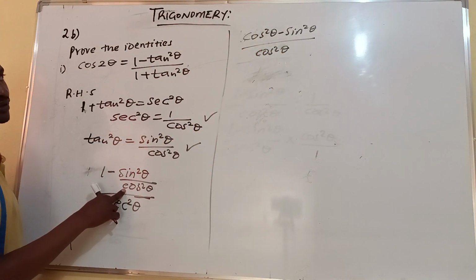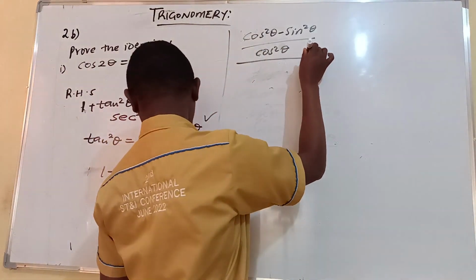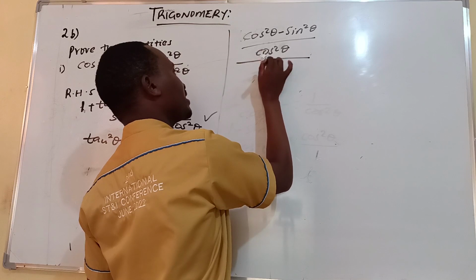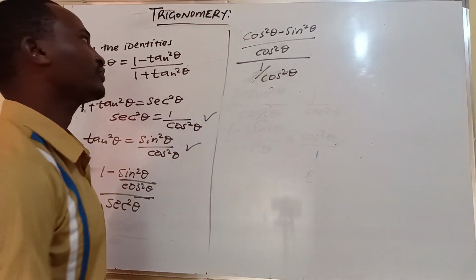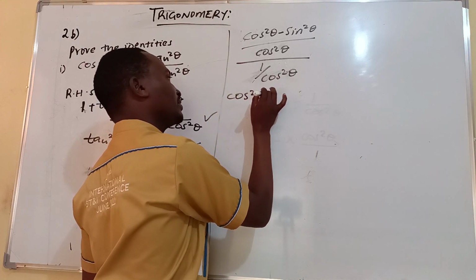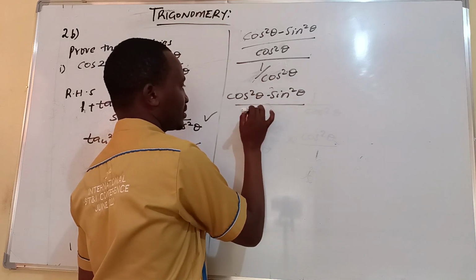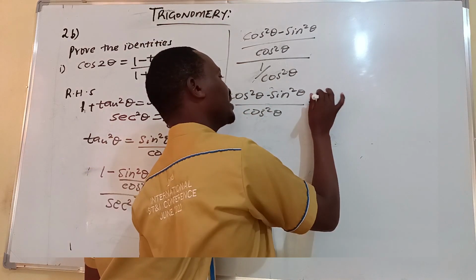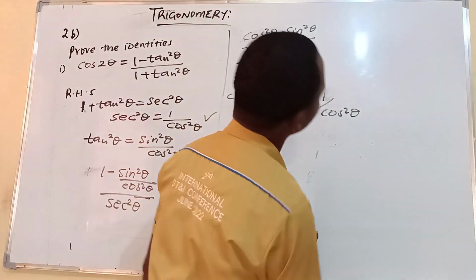Make cos squared theta the LCM. What is sec squared theta? We have said this is 1 over cos squared theta. Of course, we can write this as cos squared theta minus sin squared theta all over cos squared theta divided by 1 over cos squared theta.